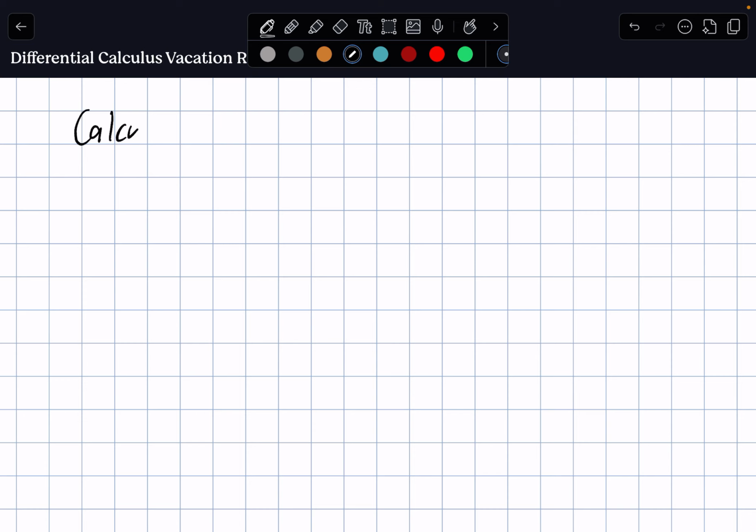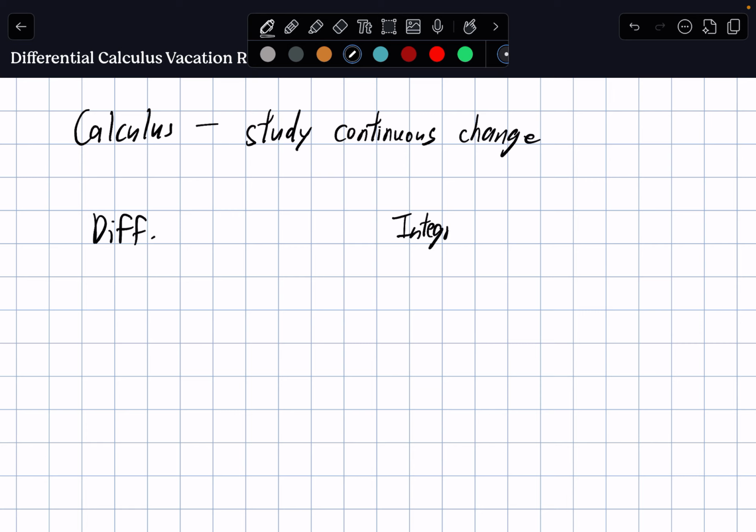So calculus is the study of continuous change. And there are two main branches: differential and integral. So the upcoming series will be about differential.